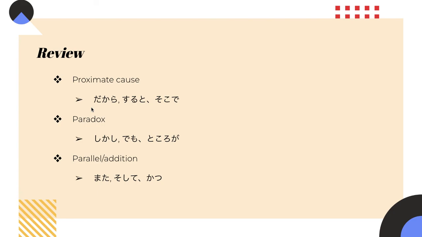Proximate cause is だから、すると、そこで。Paradox was しかし、でも、ところが。And then lastly, parallel addition was また、そして、かつ。And for the next class, we're going to continue doing the same unit, but moving into different sections. So stay tuned.